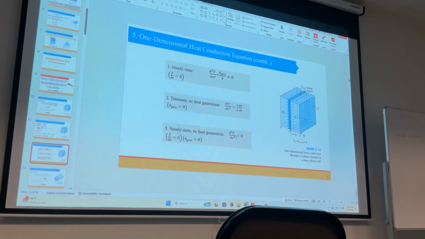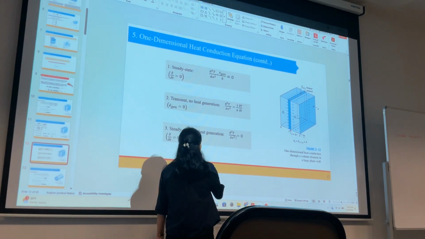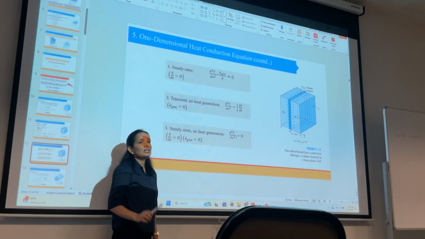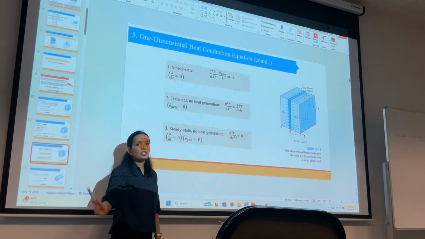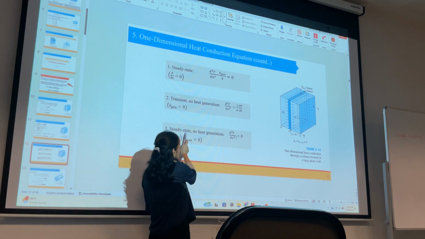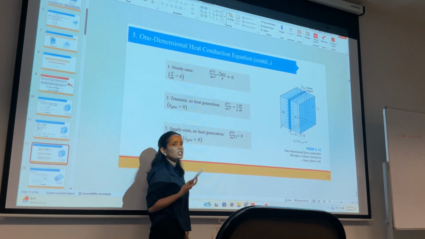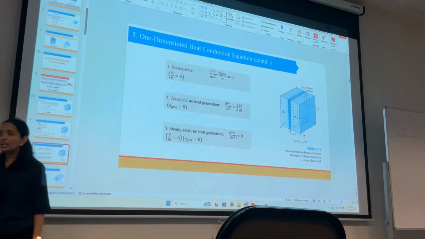And in most of the questions, most of the numerical analysis we do, we assume this, that the heat transfer is steady and there is no heat generation. The material that we are using cannot store any heat. There is no heat generation. Whatever is going inside is coming outside, and it's steady state. The temperature is also not changing with time. Okay? So you have 3, 4, 5 conditions.